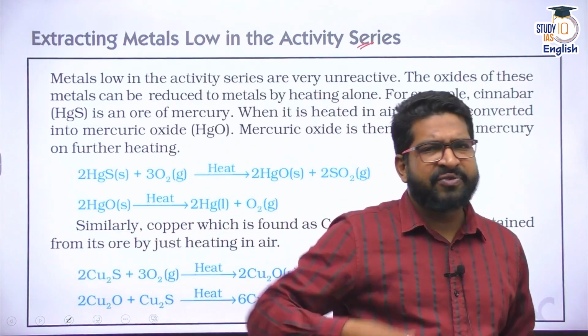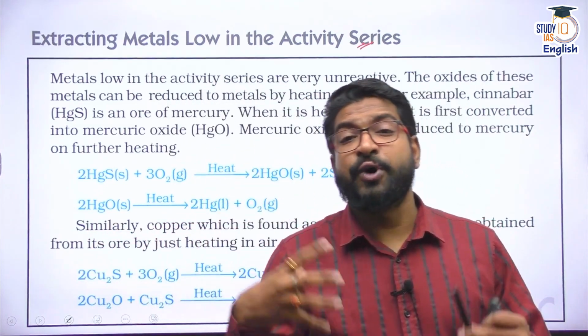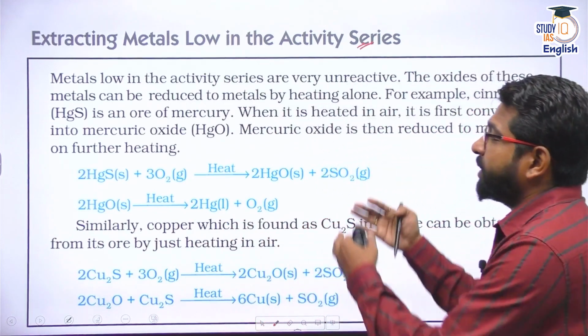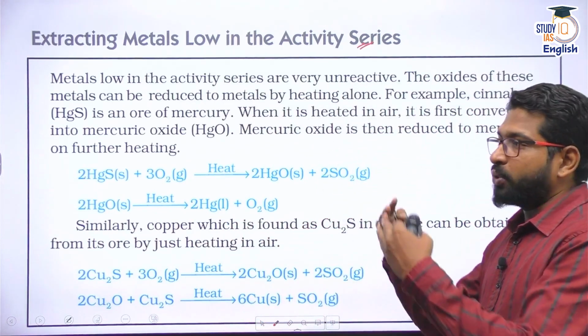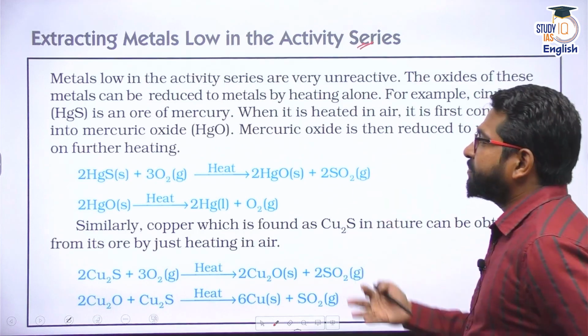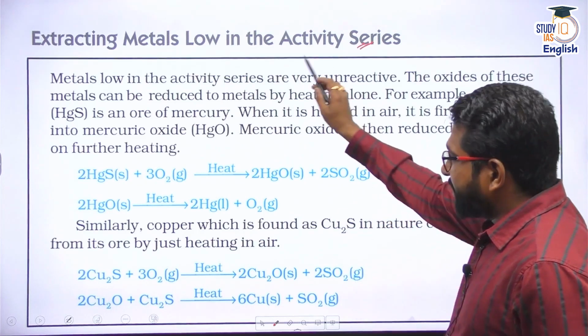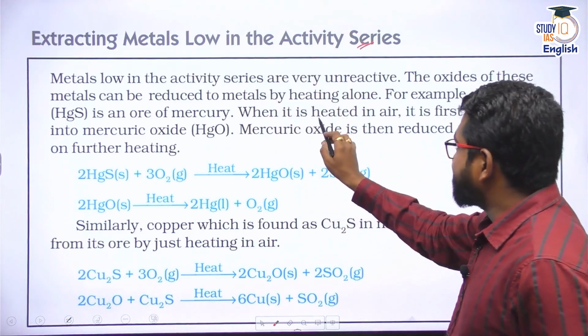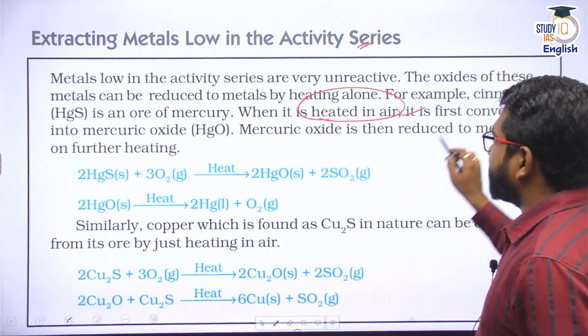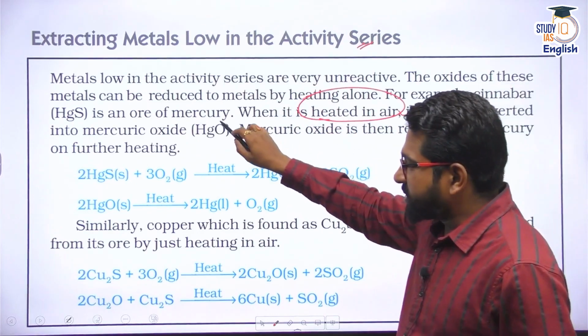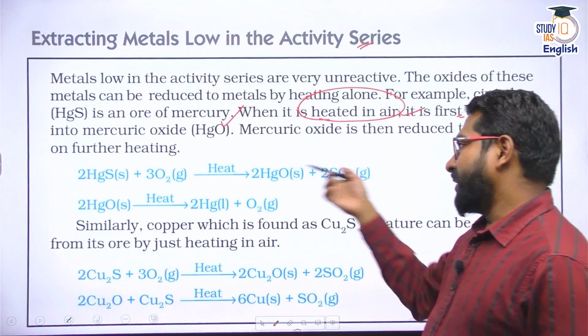So over a period of time we find them reacting with oxygen to form some sort of ore. So how do we get metal from it? By simply heating it. When an ore of these is heated in the air, first it is converted into its oxide form, and then slowly we can get that metal.